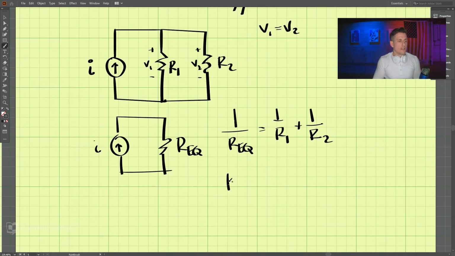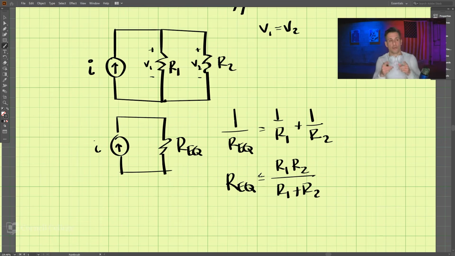So we can rewrite this equation. Req equals R1 times R2 divided by R1 plus R2. These are the same equation. So you can use this one or you can use this one. It's up to you.